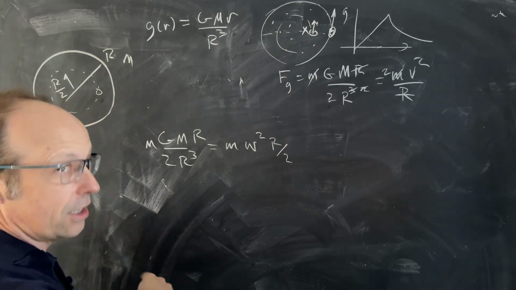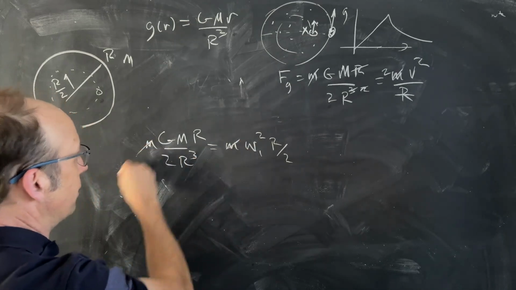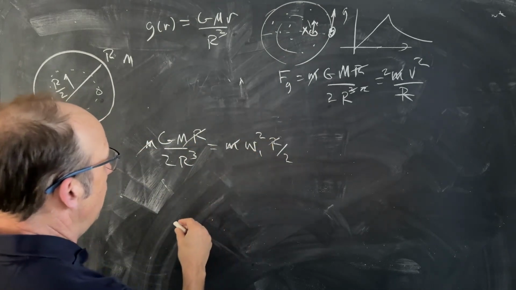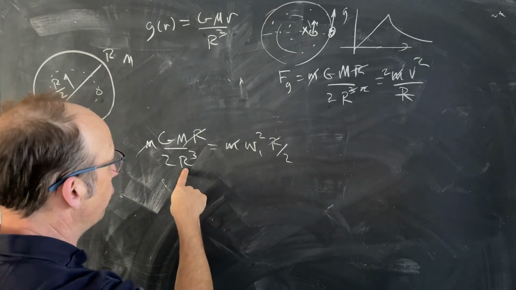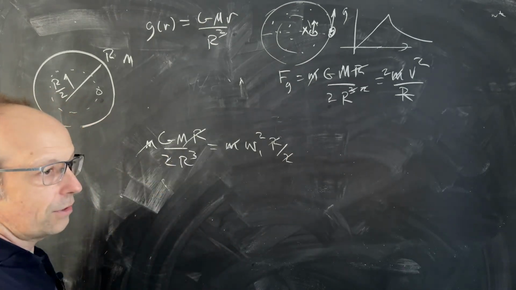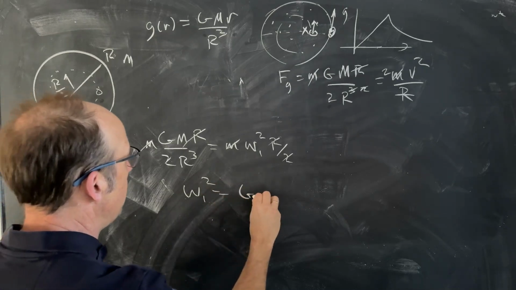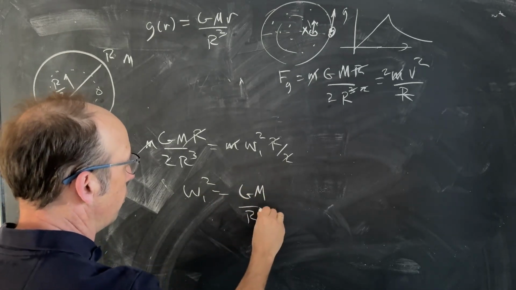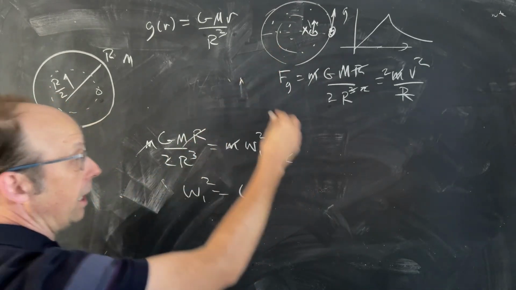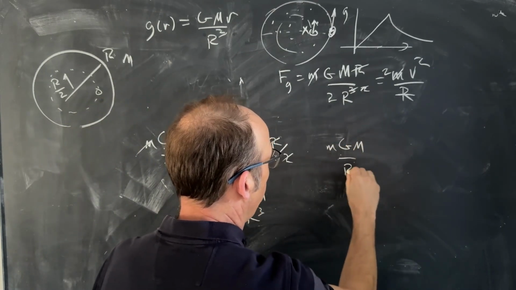So this is the interior ball. I'm going to call that 1. Mass cancels. That cancels. And then I have r cubed. But you'll notice right here, the 2 cancels. So I get omega 1 squared is GM over r cubed. Now, if I go on the outside, I have m G M over r squared, right?